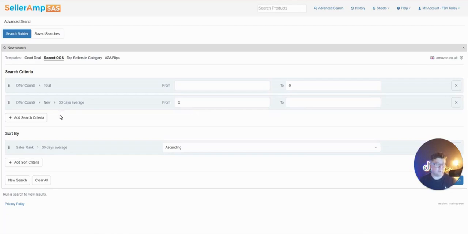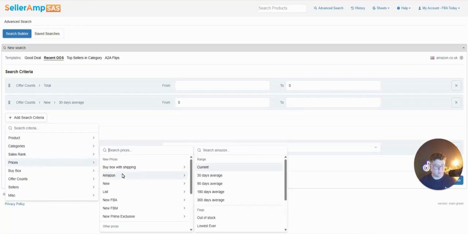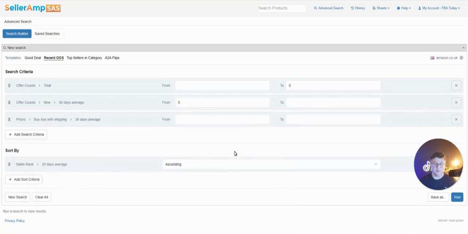If you wanted to, I would recommend adding that buy box price again, just so then we're avoiding the products which are really slow. So you go to prices, we could go to the buy box with shipping, and then I'll be looking at this 30-day average. We don't want to be doing the buy box price because if there is a buy box, that is going to show us no one selling on these listings.